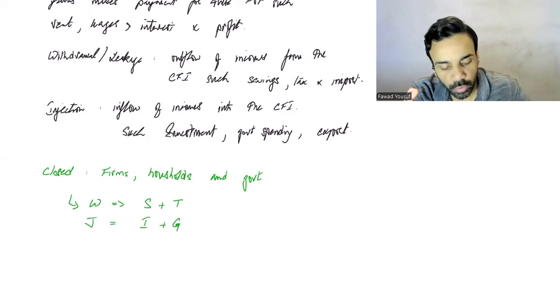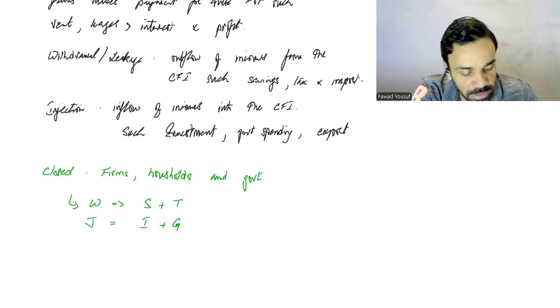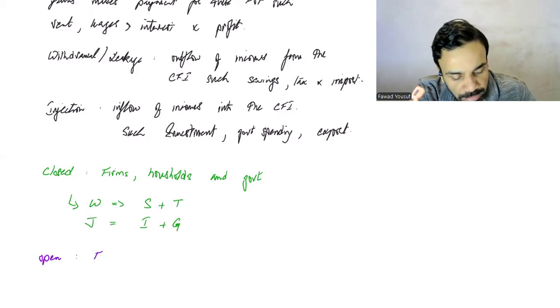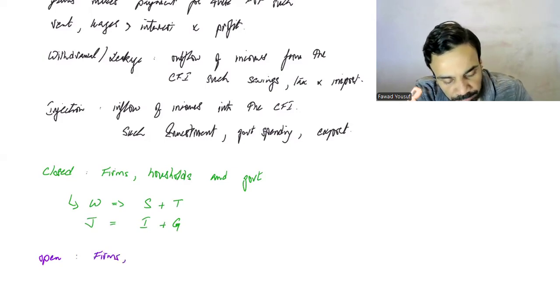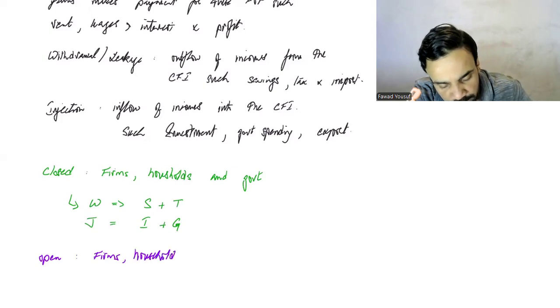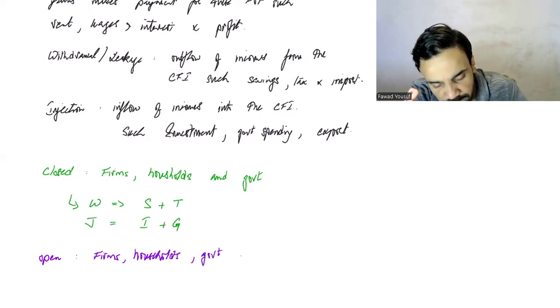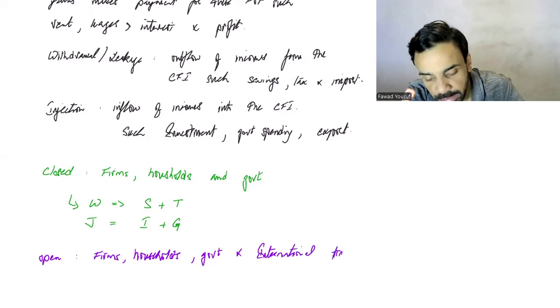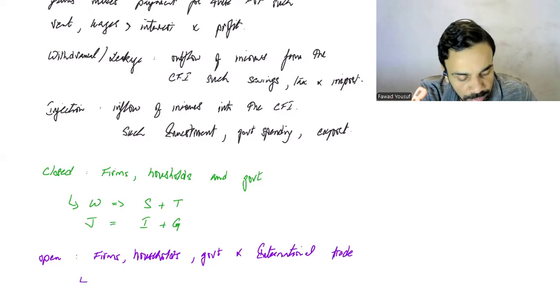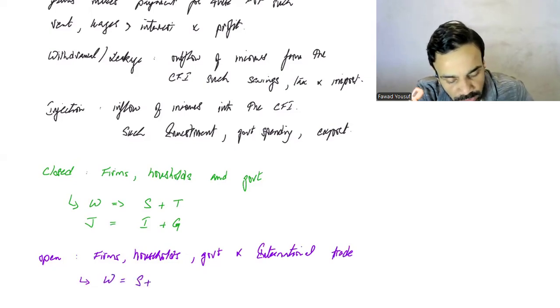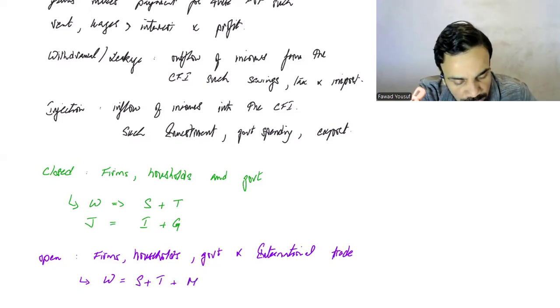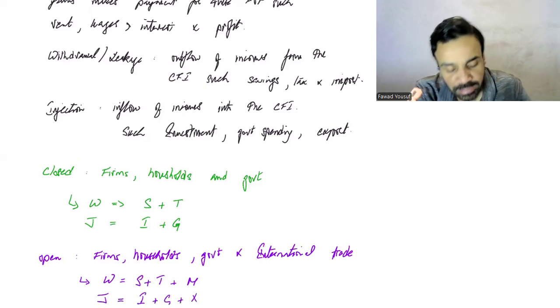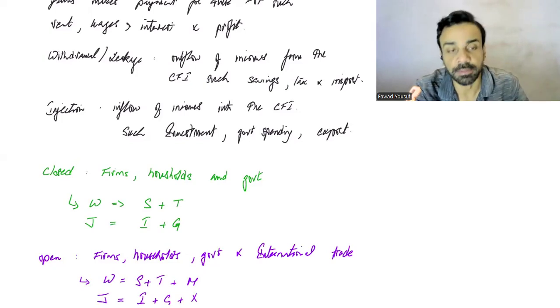Okay? But when an economy becomes an open economy, then you have firms, you have households, you have government, and you have international trade. तो इसमें अब withdrawals के अंदर you have saving, taxes and imports, and injections के अंदर you have investments, government spending and exports. तो ये आपकी एक पूरी explanation हो जाती है.